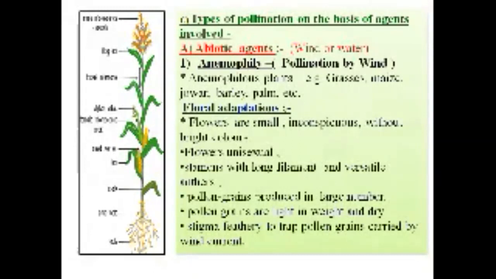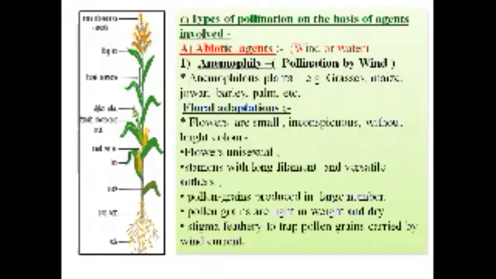Pollination by wind, or the transfer of pollen grains from anther to stigma of a flower by wind, by air, is known as anemophily. And this plant is known as an anemophilous plant. It occurs in grass, maize, jowar, barley, and corn.